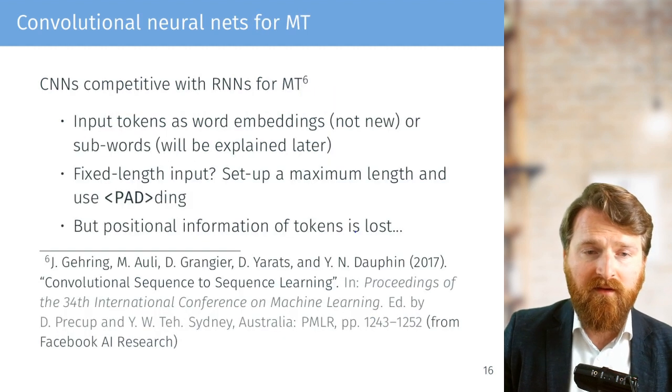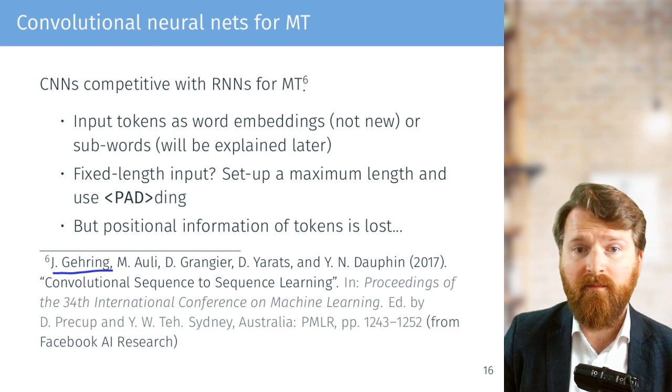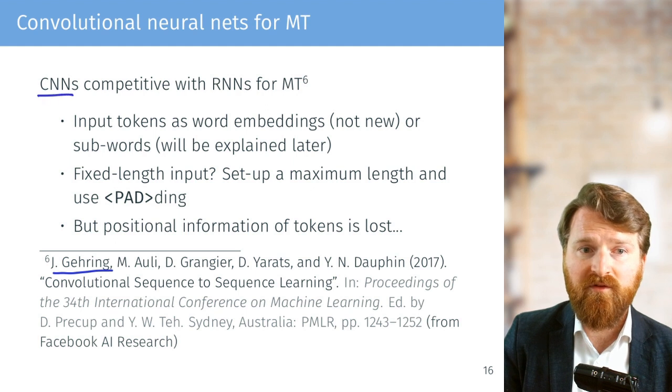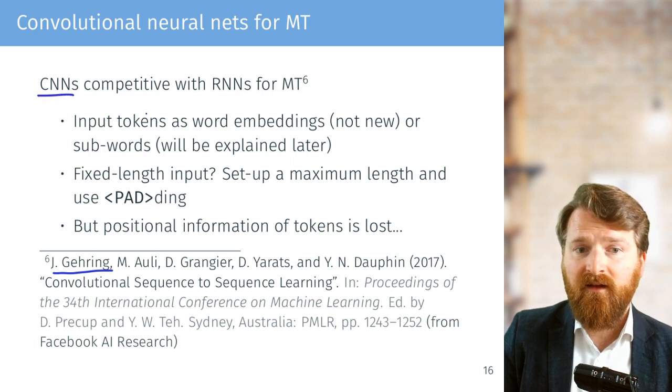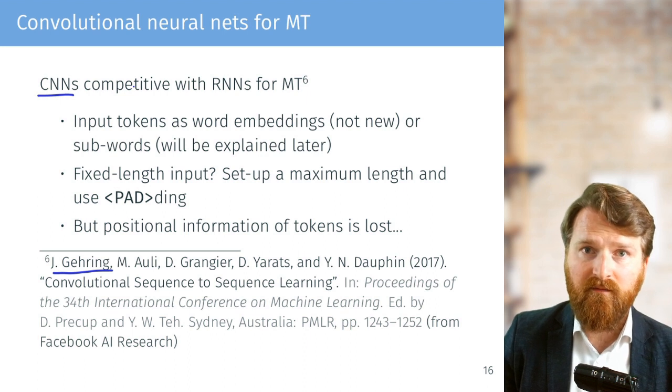This is what Jonas Gehring and his colleagues from Facebook AI Research tried for machine translation back in 2017. They took convolutional neural networks, and there were some preprocessing steps needed in order to make it work for machine translation.